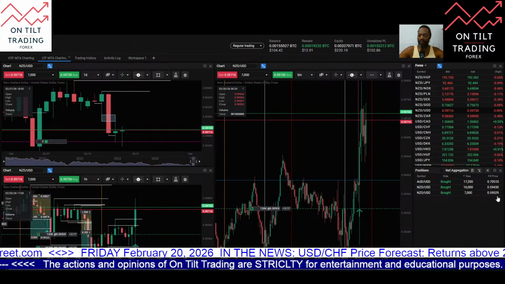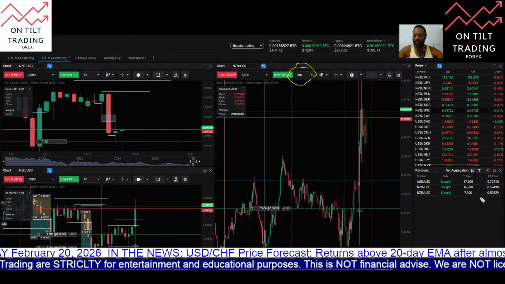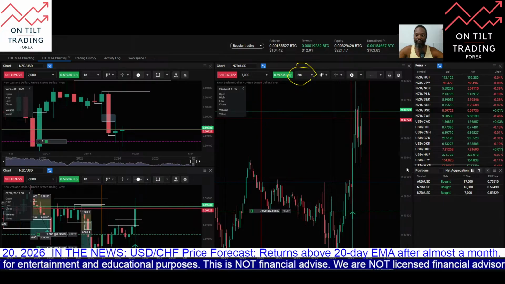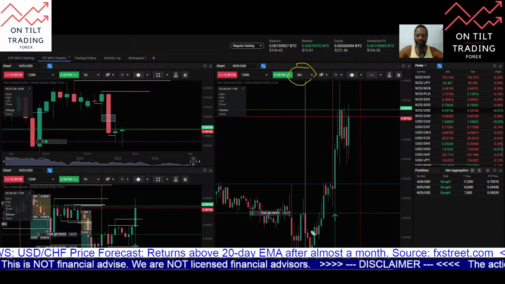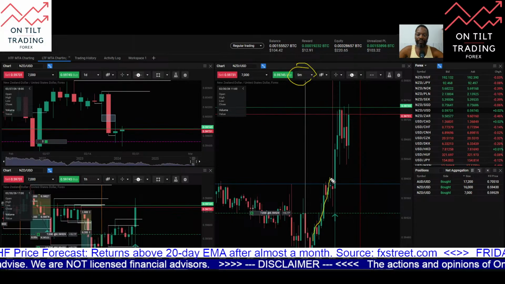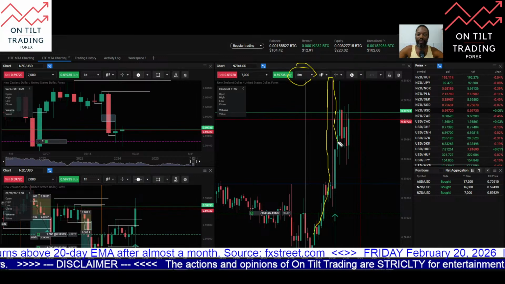And you can see here on the 5-minute chart here on Kiwi dollar, we get that price action that I mentioned that was similar on Aussie dollar, where when that news came out here, you get this buy side delivery here, you get this wick here.